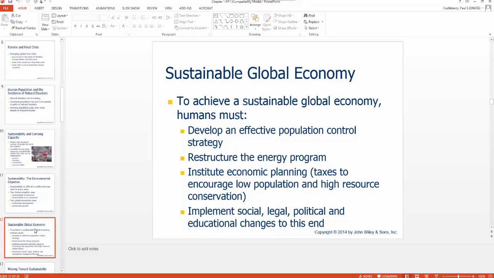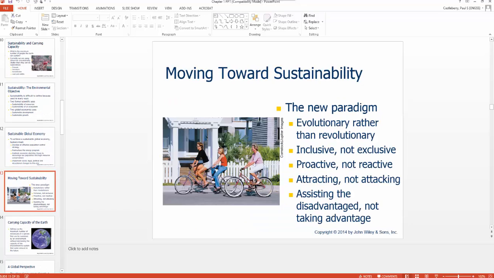So in terms of moving towards sustainability, we're looking at a new paradigm to our present model for running society and creating wealth. It should be evolutionary in values rather than revolutionary, inclusive, not exclusive of all people of the earth, proactive instead of reactive, looking ahead for possible issues and coming up with ways to mitigate those types of issues.